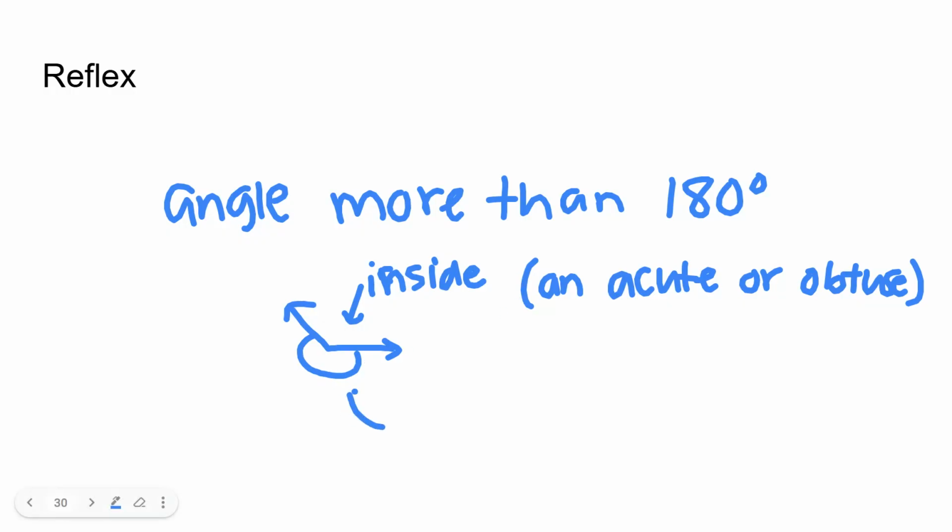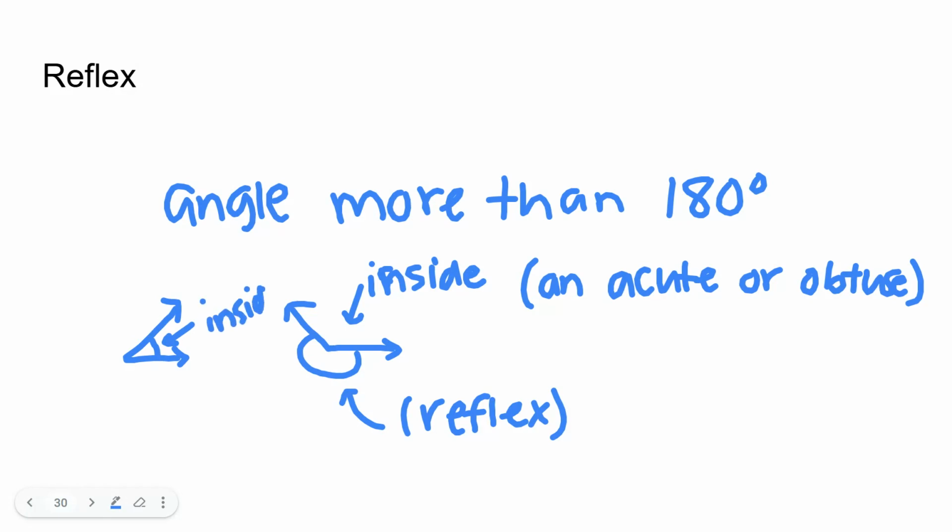The reflex angle is always whatever is left over. So if I have this little acute angle here, this is my inside. My reflex angle is what's on the outside. And it completes the circle. So it's the other half of your angle, or the other piece of your angle, I should say.